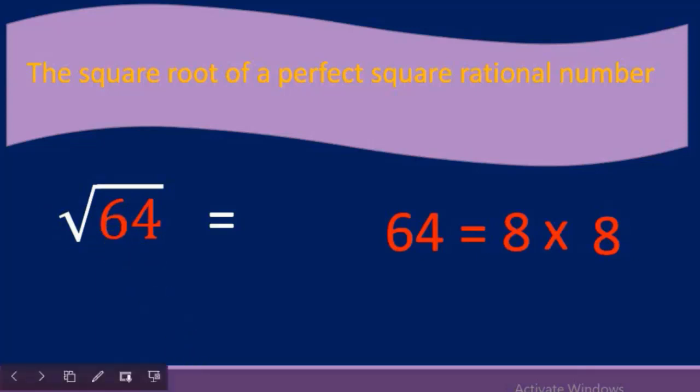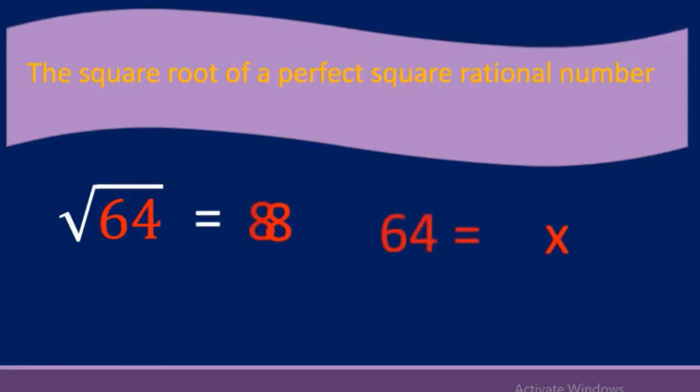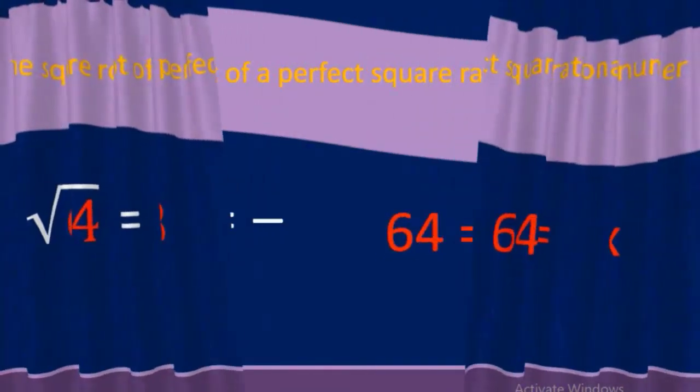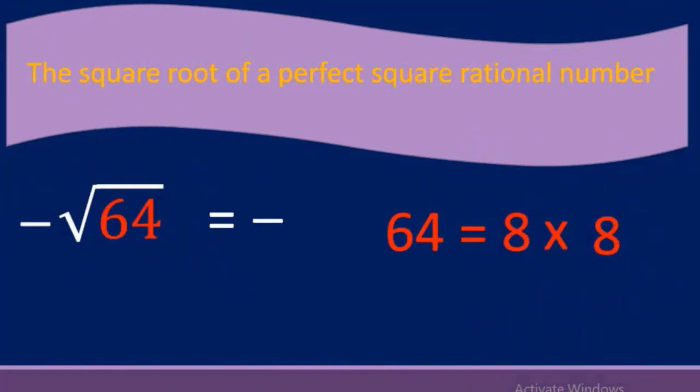So the result will be positive 8. Also, sometimes you want to find only the negative square root, so you write it as we see here, negative square root of 64. So the result will be negative 8.